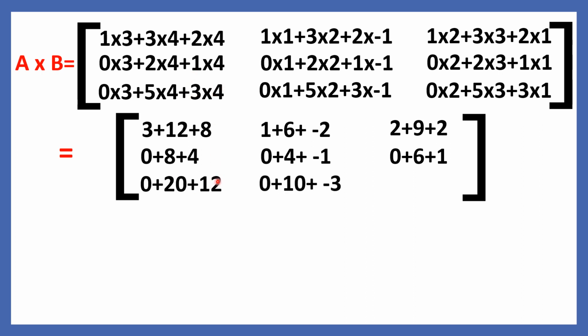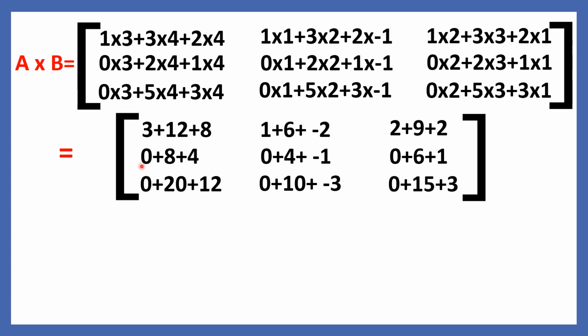And the next element, 0 into 1 is 0, plus 5 into 2 is 10, plus 3 into minus 1 is minus 3. And the last element of the resultant matrix is 0 into 2 is 0, plus 5 into 3 is 15, plus 3 into 1 is 3.